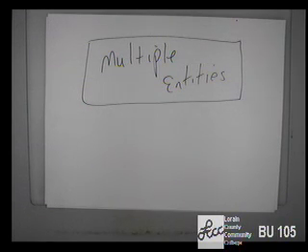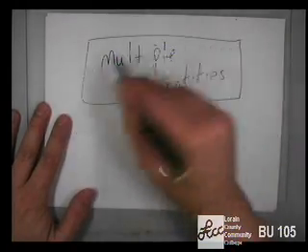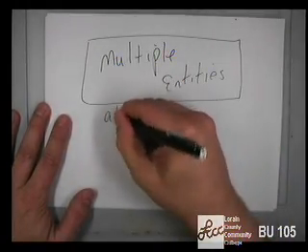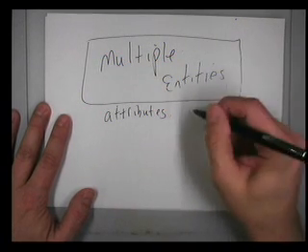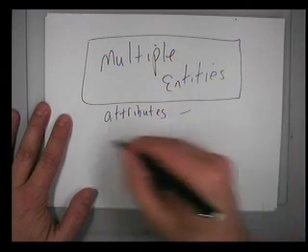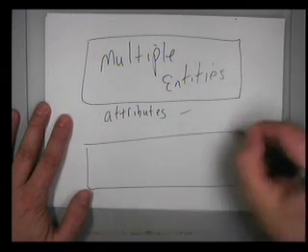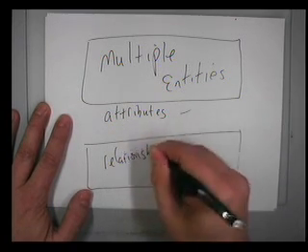The other thing that's key to a database is that in addition to storing the multiple entities, the different attributes, as was mentioned, we store relationships between entities.